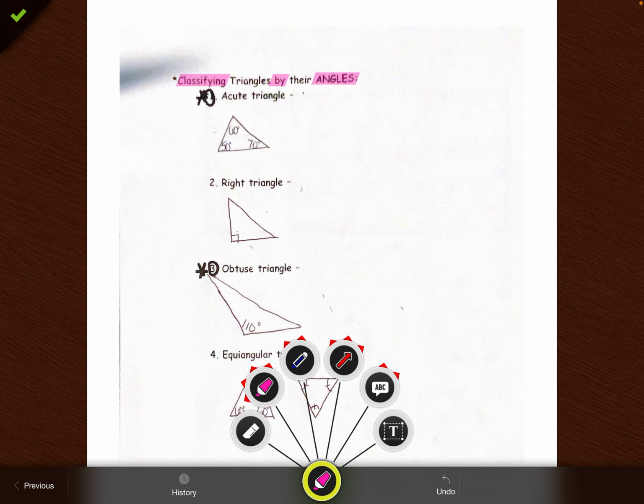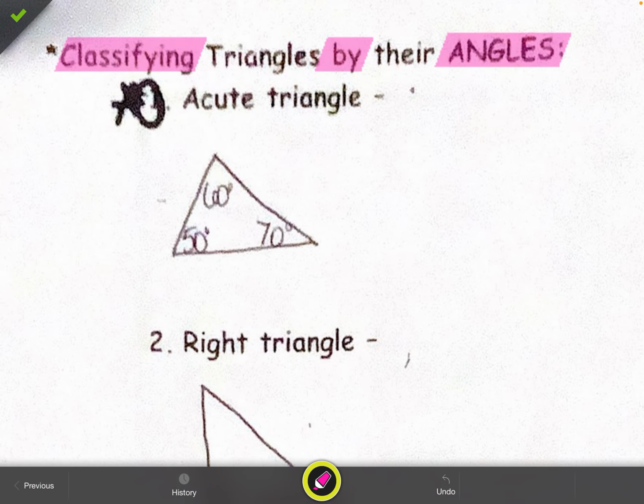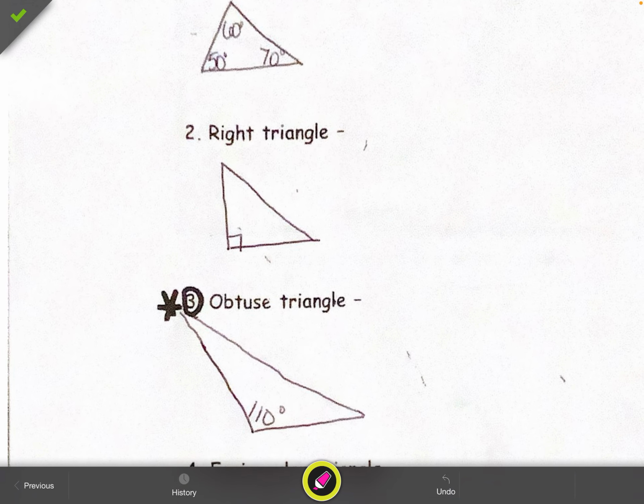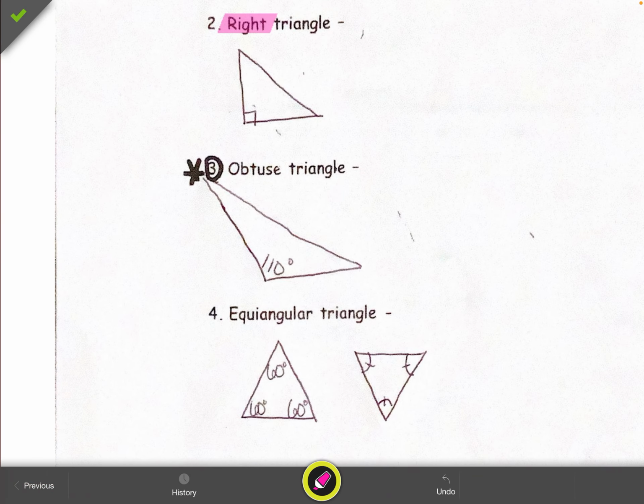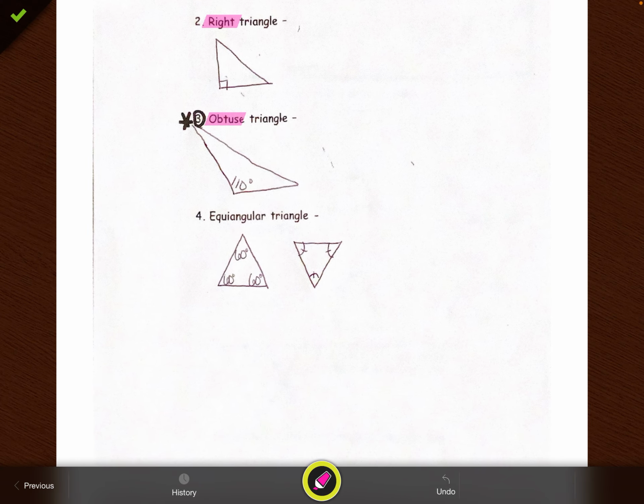The first one is acute. So the triangle can be an acute triangle, it can be a right triangle, or it can be an obtuse triangle, or the last one, and it doesn't happen often, the last one can be an equiangular triangle.